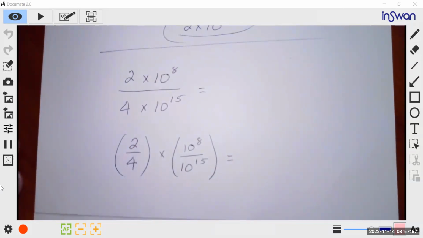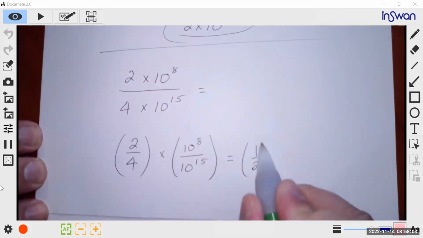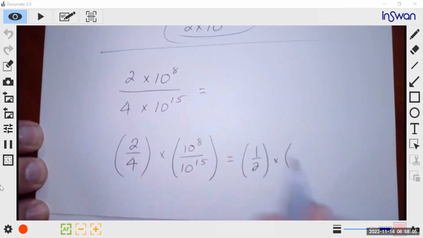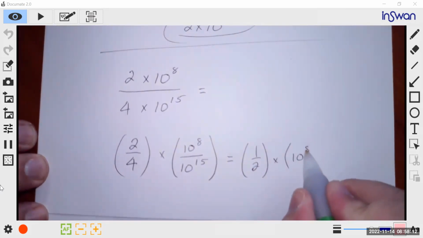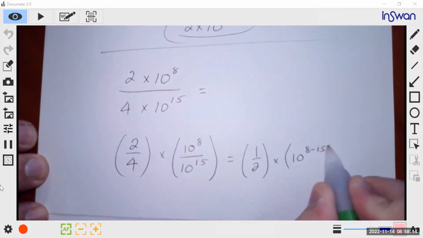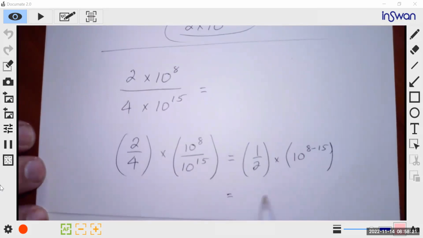What is 2 over 4? It's 1/2. How about this? What do you do with the exponents here? Subtract them. So whatever's on top minus whatever's on the bottom. But what is 1/2? We have to have decimals. What is 1/2 in decimals? 0.5. 8 minus 15 is negative 7.